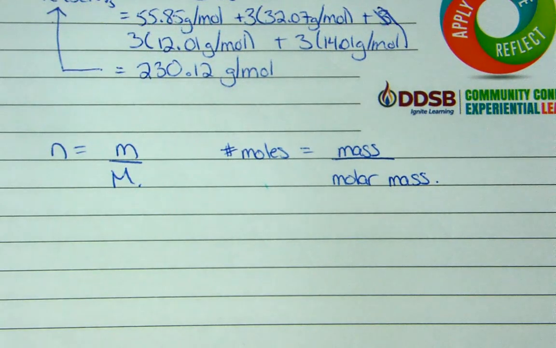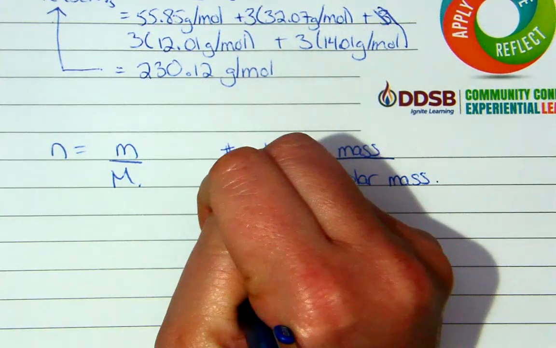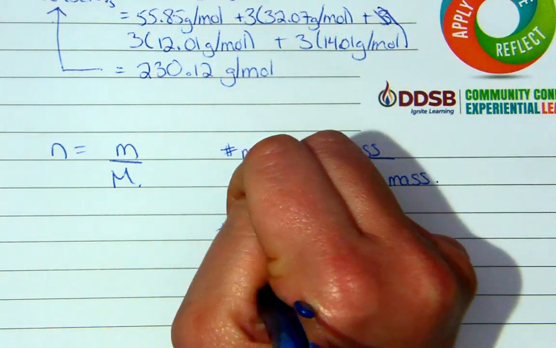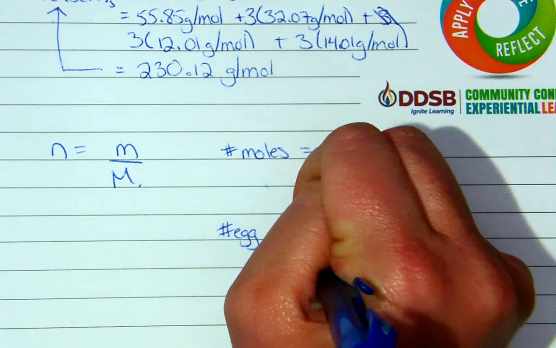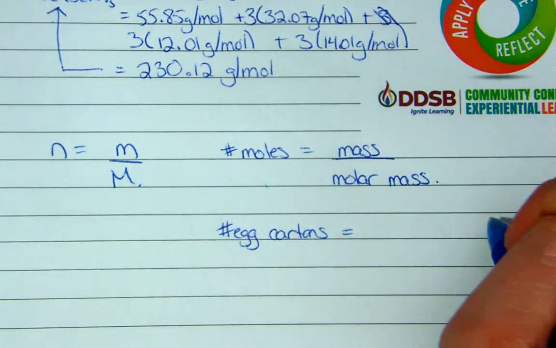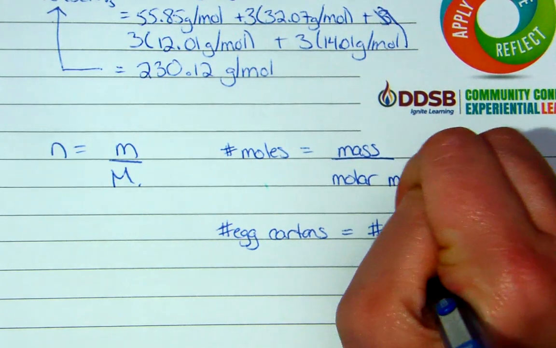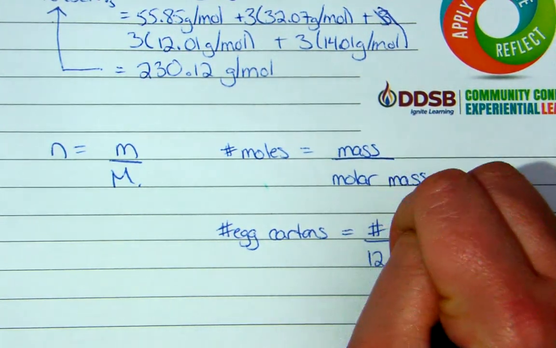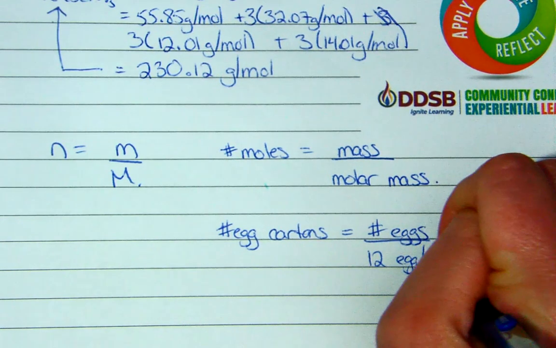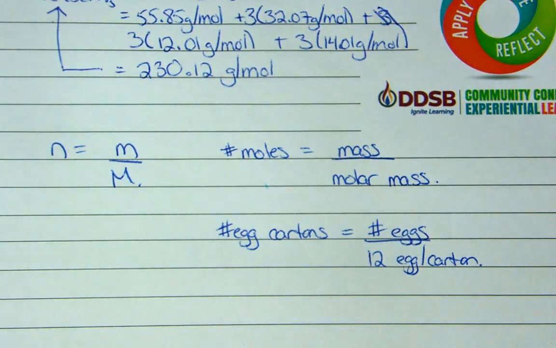Think of it this way: if I told you that we need to know the number of egg cartons, that would be equal to the number of eggs in total divided by 12 eggs per carton. We're just looking at how to quantify this and group it all together in a more usable way.